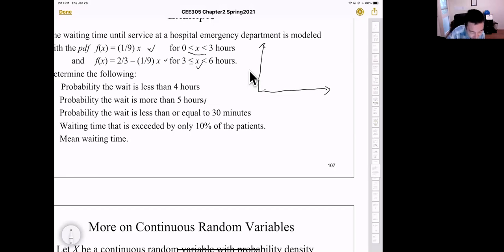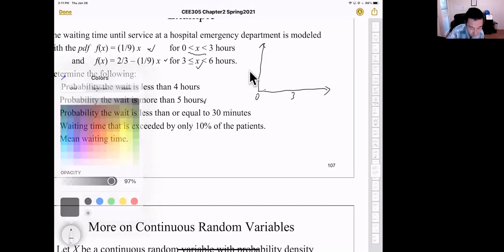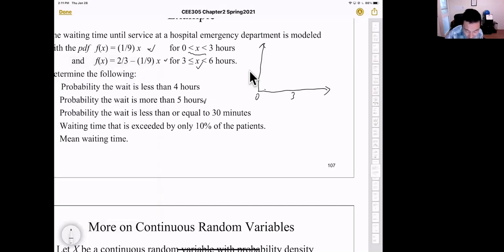So based on the first equation, between 0 to 3, it is 1 over 9 times x. So when x becomes 3, the y-axis will become 1/3.